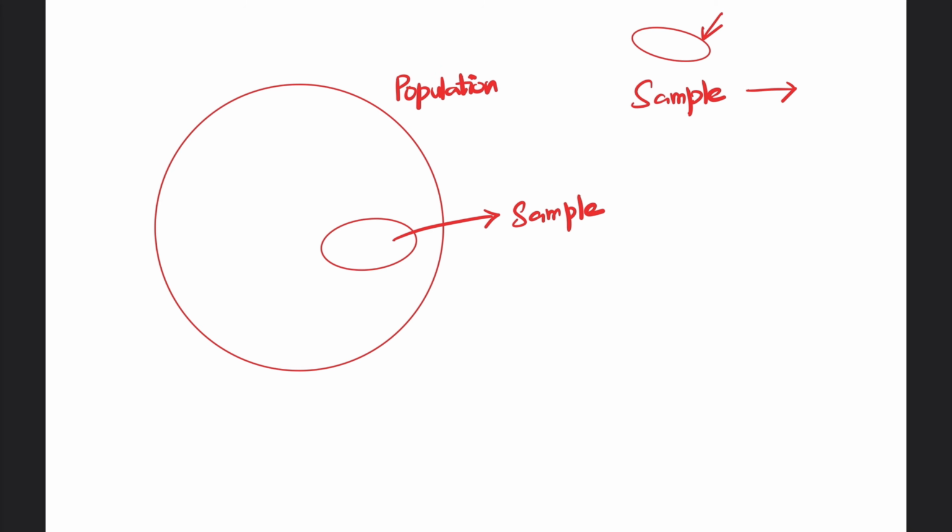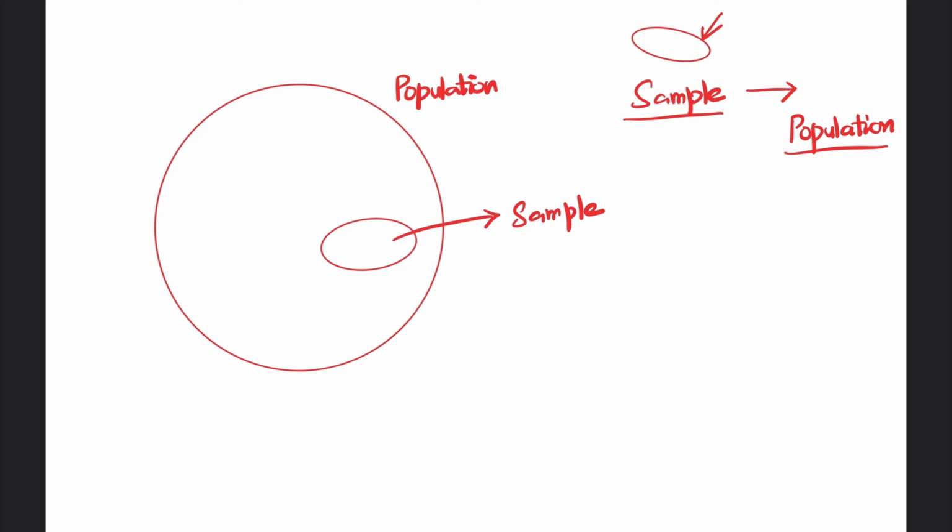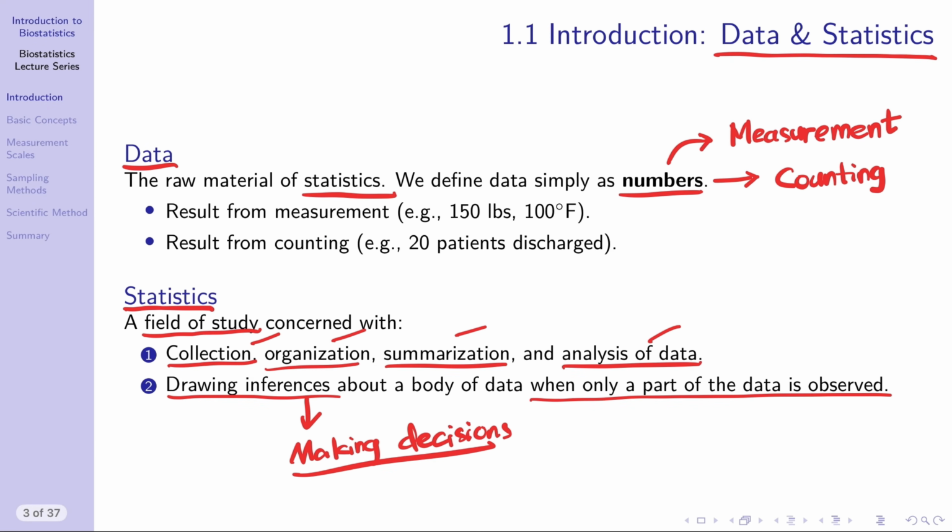If I want to find out whether a particular drug works effectively or not, I'm going to do it on a particular sample. Then the generalization is that you're inferring that how the drug works on the sample will also work similarly on the population. That is what we mean by the phrase drawing inferences.